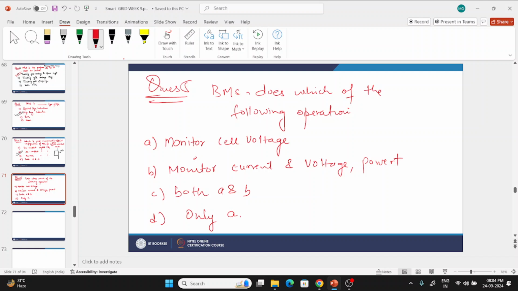BMS क्या करता है? Monitor cell voltage, monitor current and voltage and power and temperature. Okay, monitor current, voltage and temperature. ठीक, then both A and B, ये दोनों को करता है या only A? So give me the correct answer.